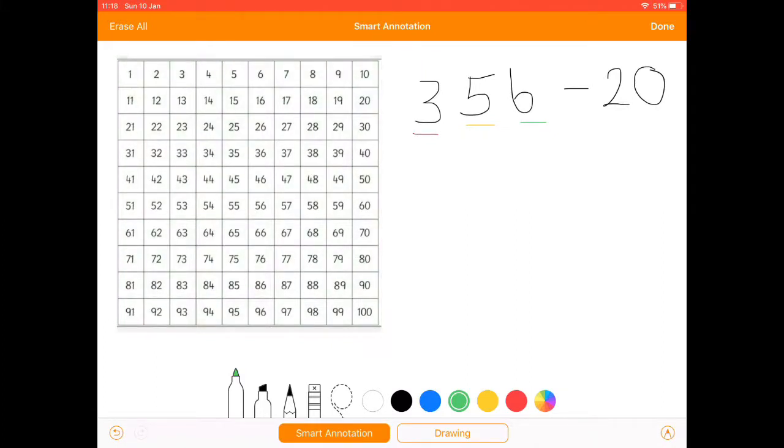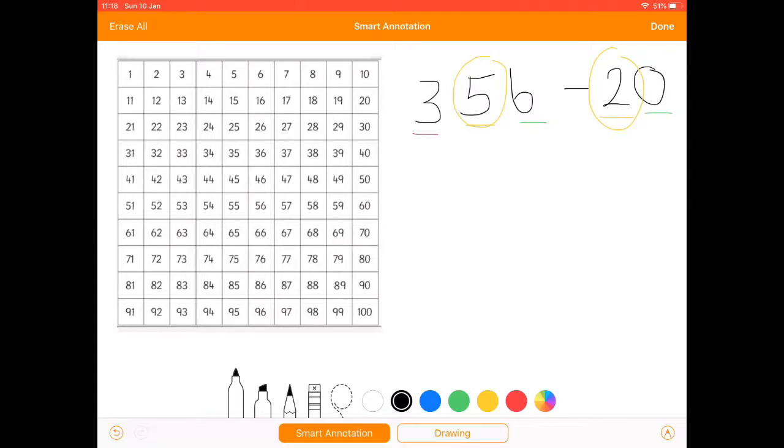356. And we are taking away 2 tens. And this number doesn't have any units. So really the column that we're interested in is this tens column. There are 5 tens that are taking away these 2 tens. So 356 take away 20.